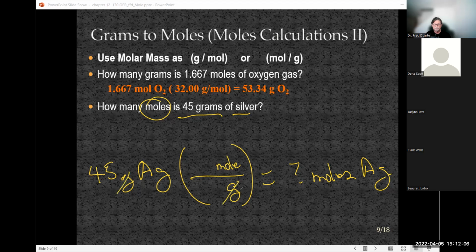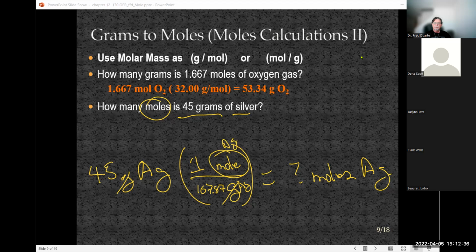Grams cancel. Okay, so that tells me we need the atomic weight of silver, which is what, 107, double checking, 107.87. So it's 107.87 grams per 1 mole. Okay. Check my units, grams cancel, leaving me with units of moles of silver. So it's been properly set up.